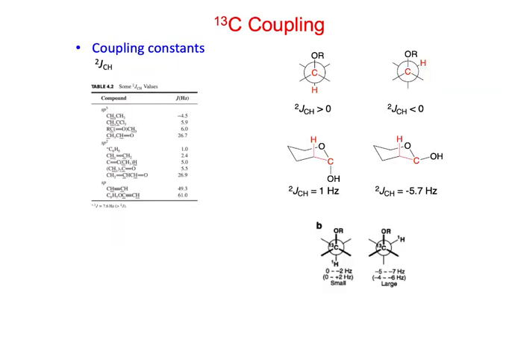Okay, so two-bond coupling. So these are going to be much smaller. So we won't really see these in those big splittings. But two-bond couplings kind of are similar to the geminal couplings.